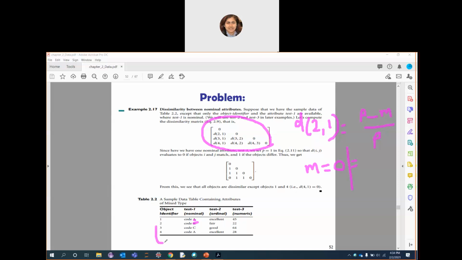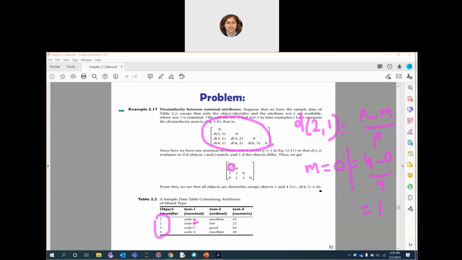P is the total number of variables, that is 4. So 4 minus 0 divided by 4, and here you will get 1. So d21 corresponds to 1.